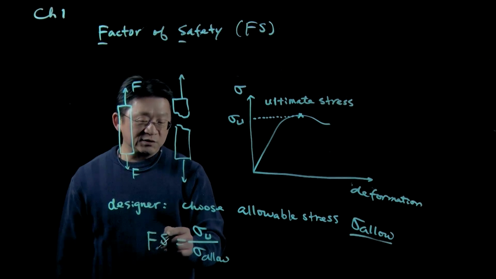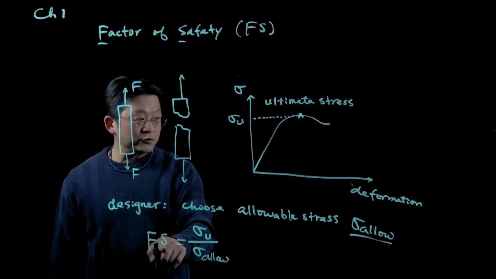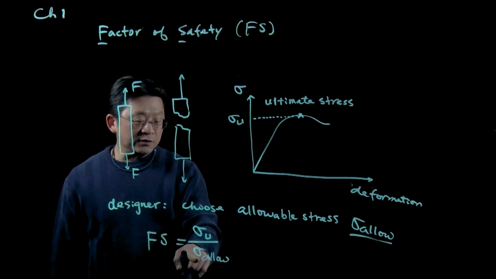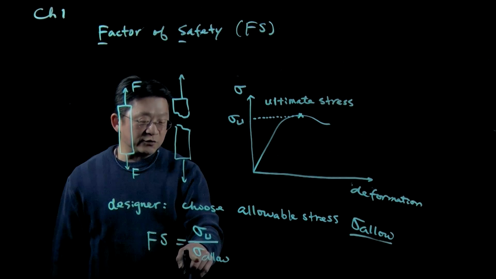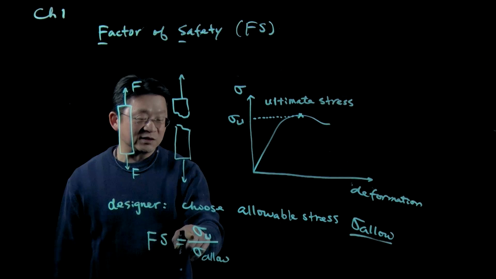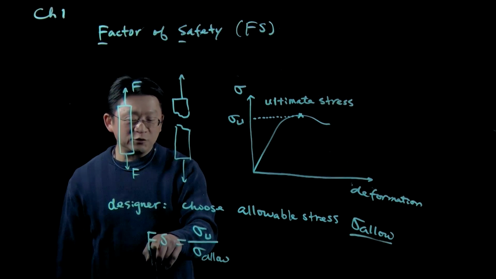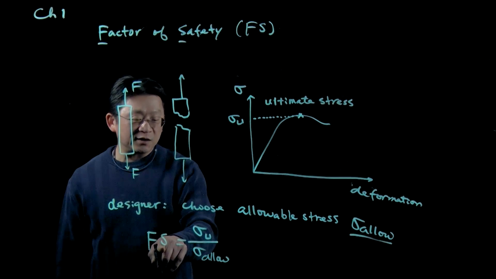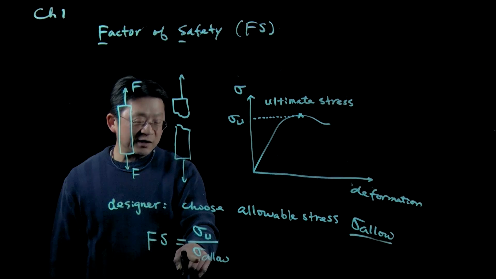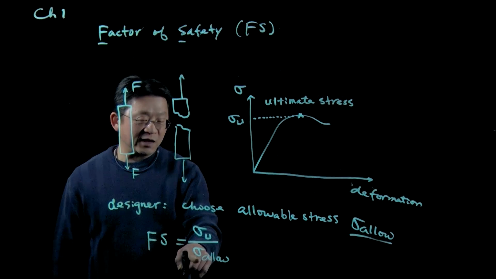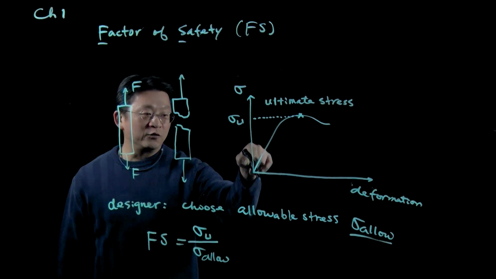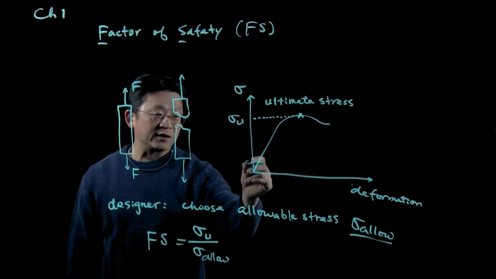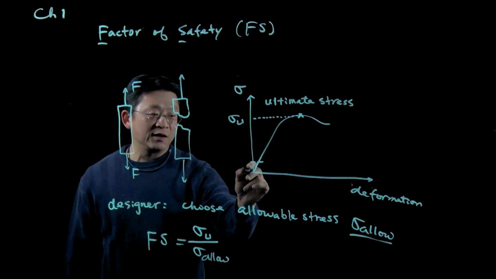If you choose a factor of safety equal to 1, you allow the system to have an allowable stress equal to the ultimate stress, and this is a very risky design. For example, if you choose a factor of safety equal to 10, you select your allowable stress as 1/10 of the ultimate stress, so at most you can have your design operate only up to this.